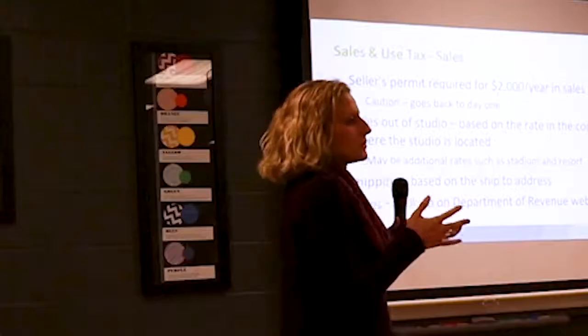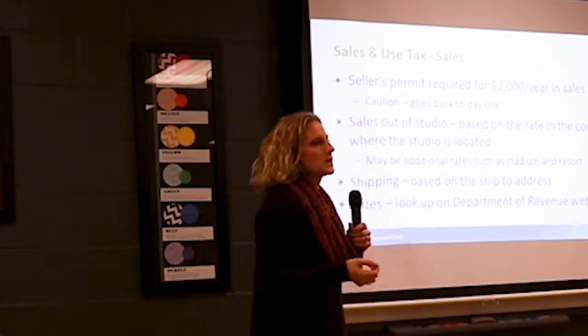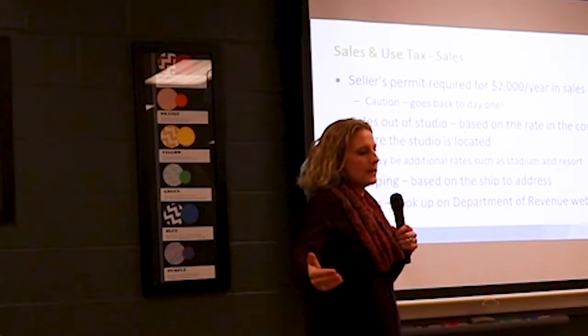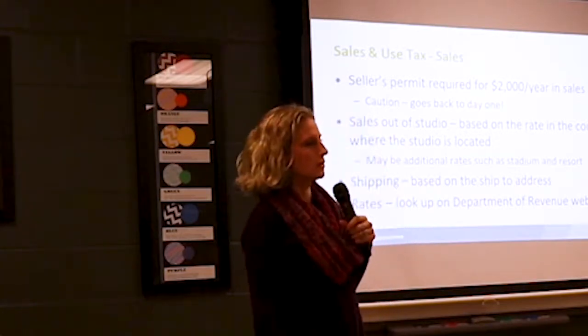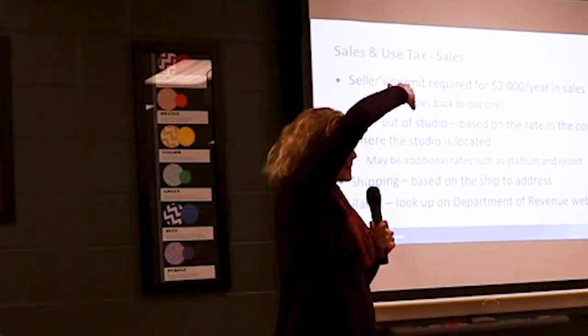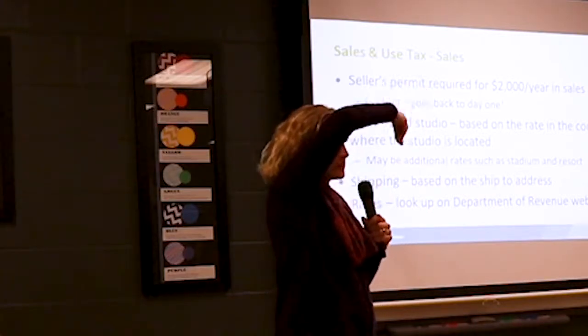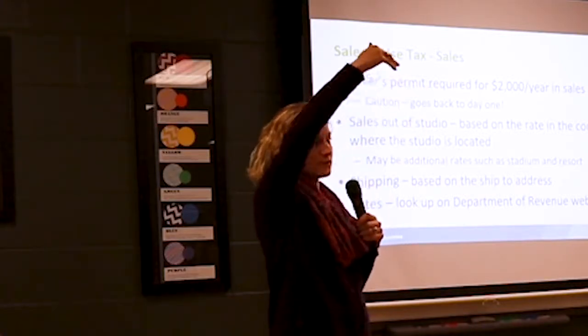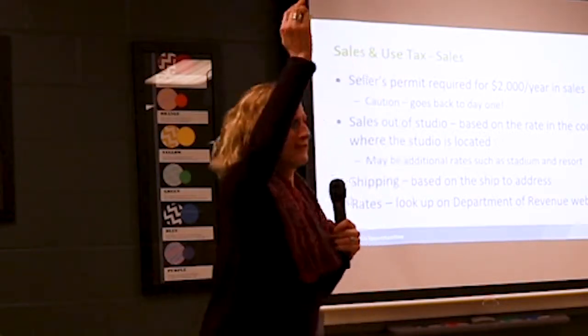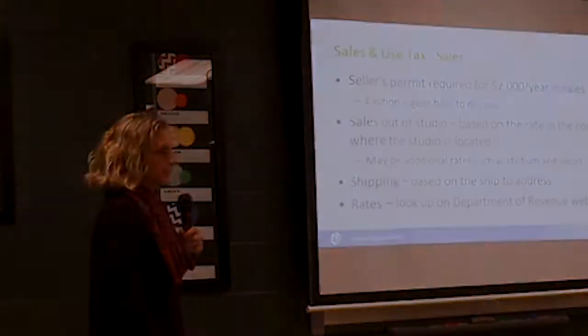So let's say you don't know if you're going to get $2,000 in sales, and you don't get a seller's permit. And it's October, and then you're like, oh crap, I sold $2,500. It's going to go back to day one, and then it's kind of hard to go back to those people and say, I need sales tax from you. So our advice is to just apply for it and charge the sales tax, okay?